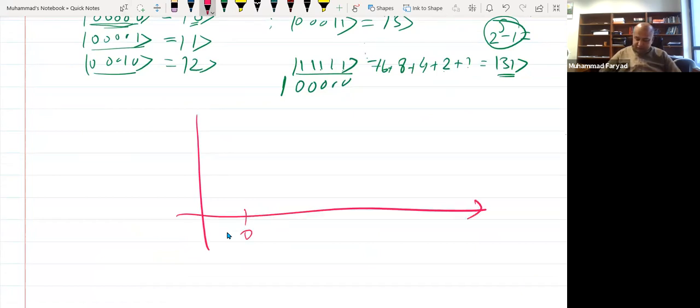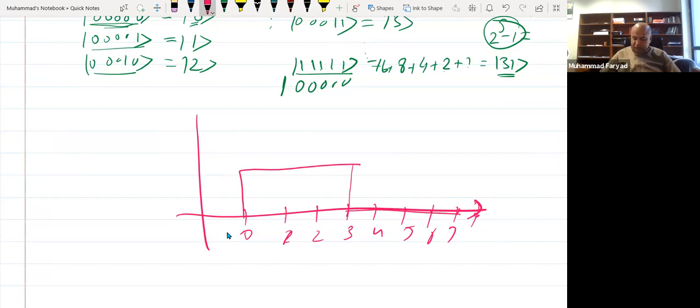So then 0, 1, 2, 3, 4, 5, 6, 7. So these are the possible inputs to the 3-input circuit. So it could be 1 for inputs 0, 1, 2, 3, and it could be 0 for this. So the function is like this, that it's 1 for half of the inputs and it is 0 for the other half.